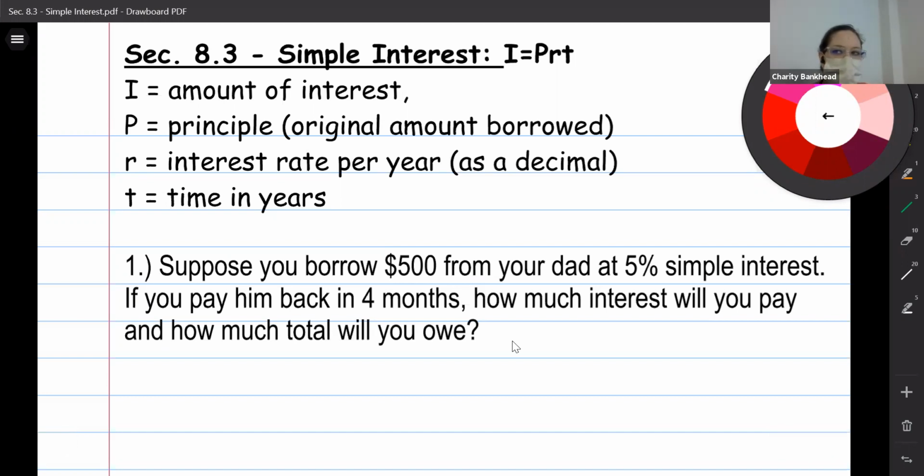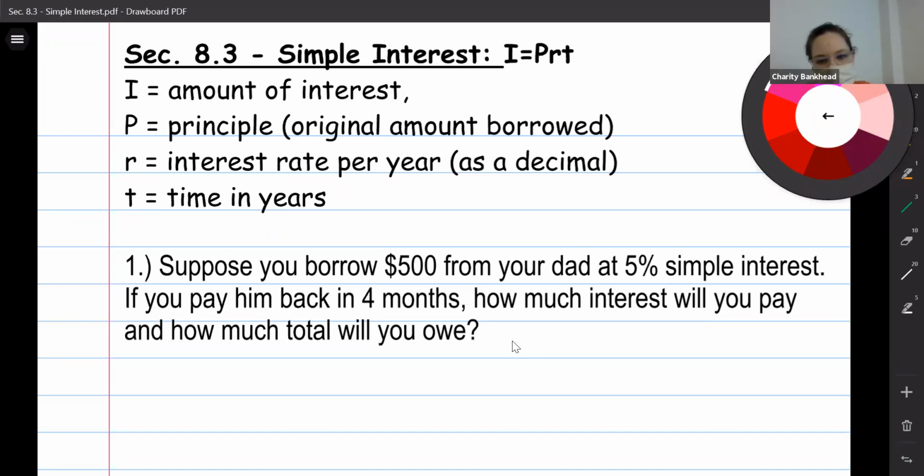So the same formula sheet that I gave you before is the same one for this chapter. I stands for the amount of interest. P stands for the principal, which is the original amount that was borrowed. And R is for the interest rate written as a decimal, and then T is the time in years.